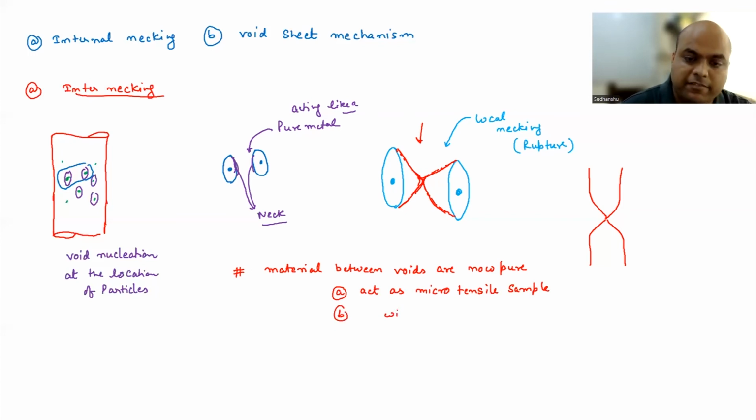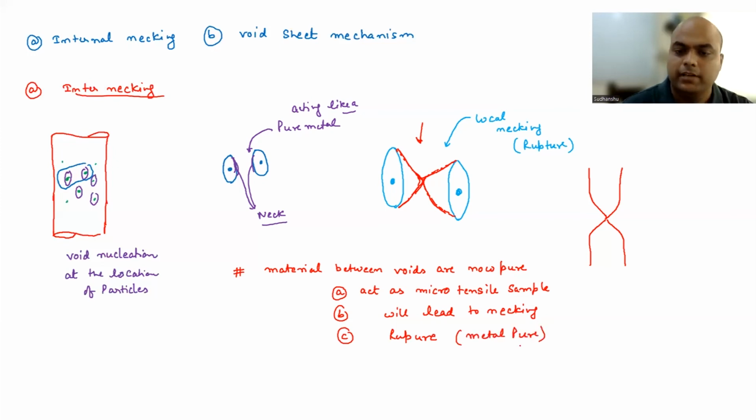So you are going to have necking and finally rupture, which is like pure metal. So you are going to have a structure like this. And this is very well valid when you have a single population of particles, that means uniform sized particles.